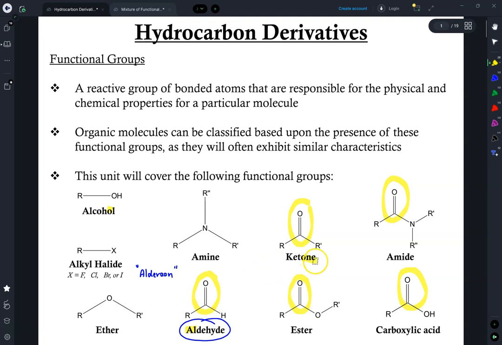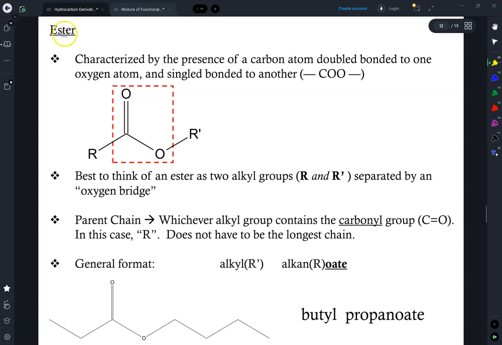Ketone, propanone, butanone, pentanone. Carboxylic acid, methanoic acid, ethanoic acid, pentanoic acid. We can see where all these suffix changes come from. But with esters, their suffix change is -ate. I don't see the connection between -ate and ester. So that's just one of the issues that make esters kind of weird.